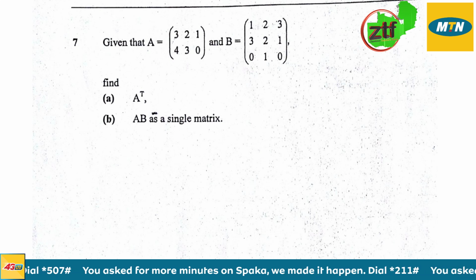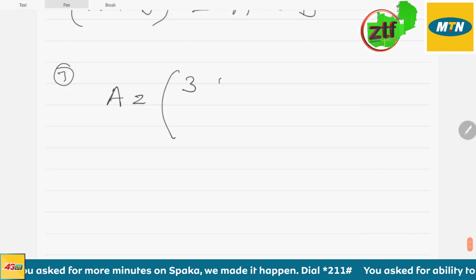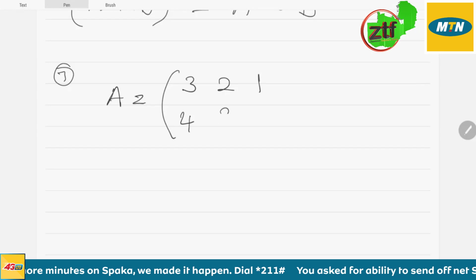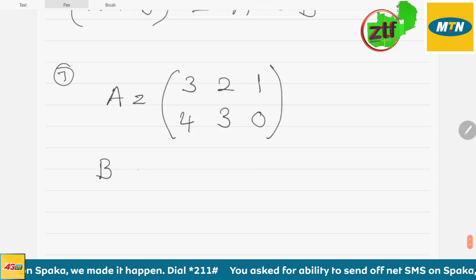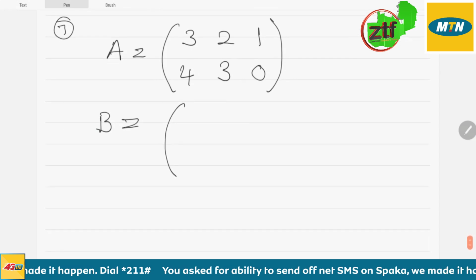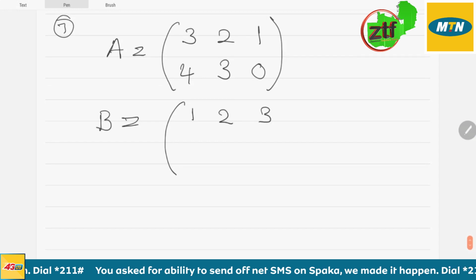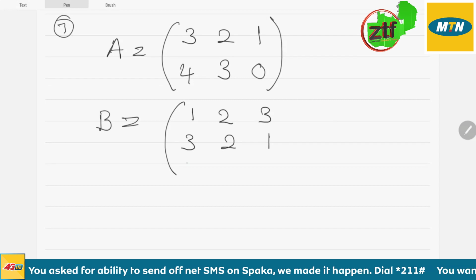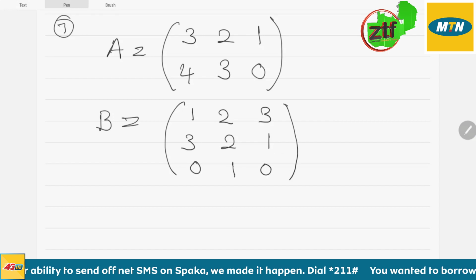So we have A, 3, 2, 1, then we have 4, 3, 0, and we have matrix B, which is equal to 1, 2, 3, 3, 2, 1, 0, 1, 0.